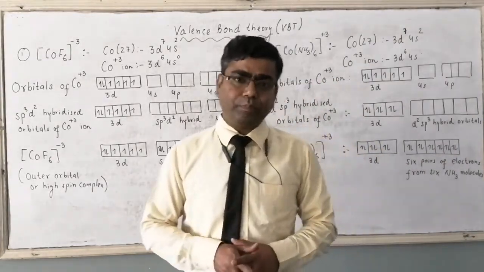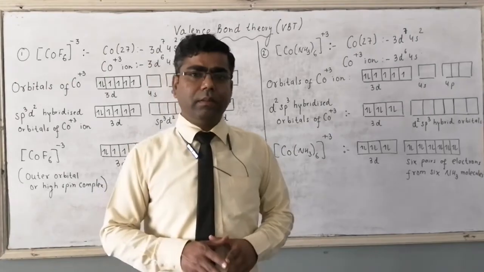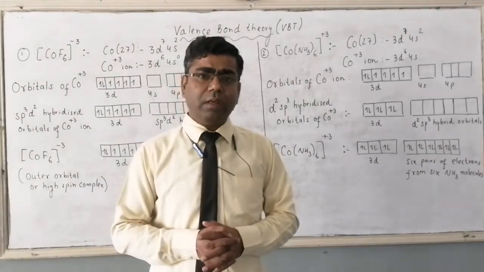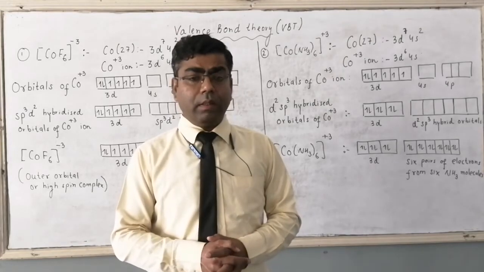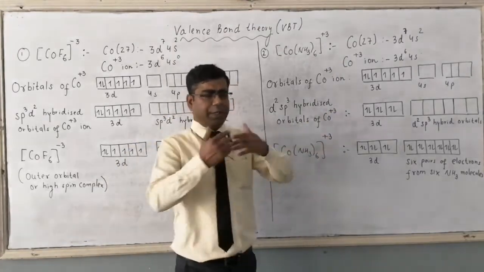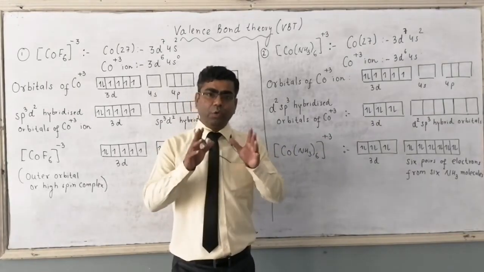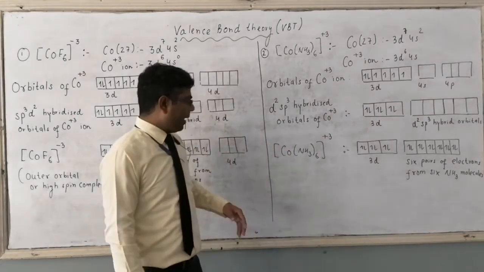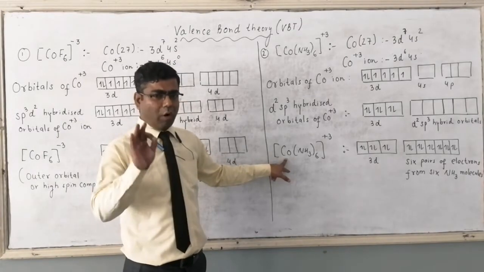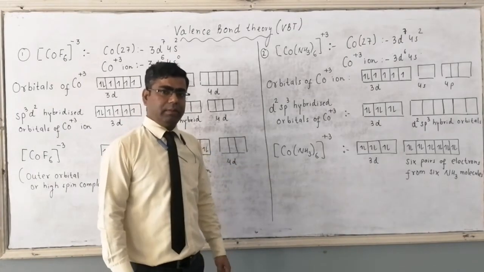In this manner, we can explain bonding in the Co(NH3)6 3+ complex ion. Now here 3d, which is inner to the valence shell, is used in hybridization. That's why this complex is called an inner orbital complex.